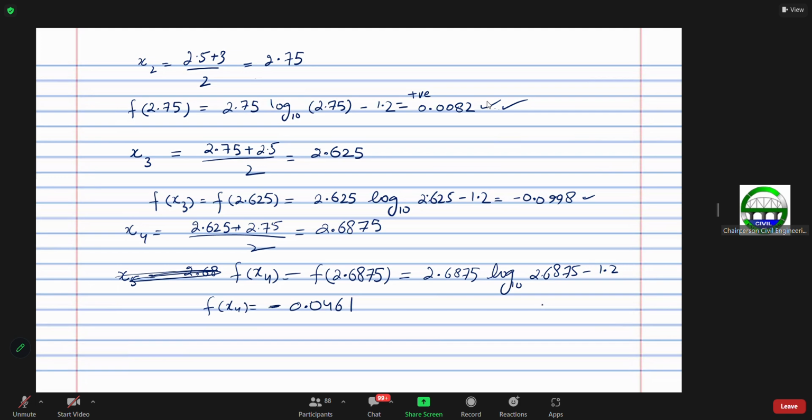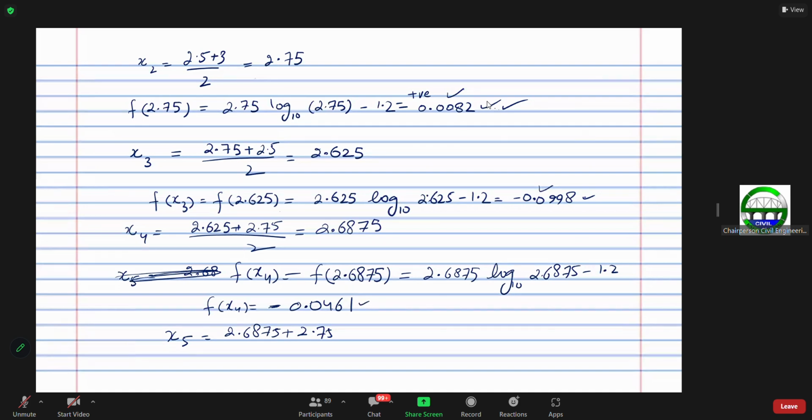So the fifth approximation, x5, will be equal to (2.6875 plus 2.75) divided by 2. Now you will not go here, you will go here, because this is positive and this is negative, and this is negative again.